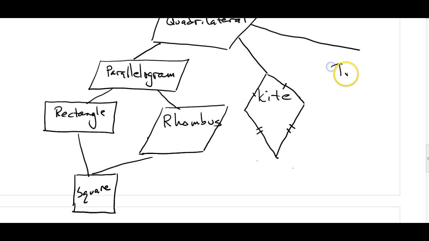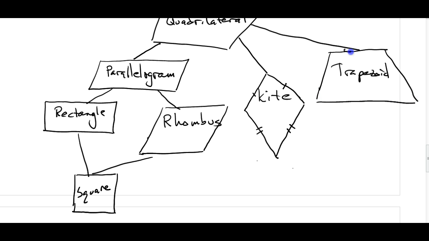And then finally we have our trapezoid. So we've got our regular trapezoid. A trapezoid has to have exactly one pair of parallel sides, and then from the trapezoid we can get the isosceles trapezoid.